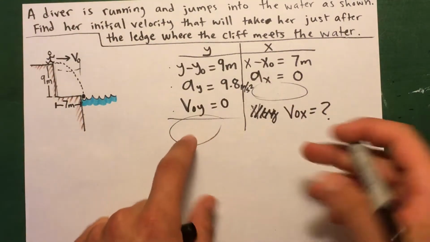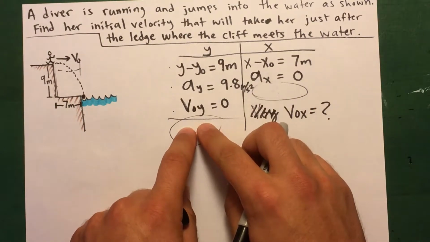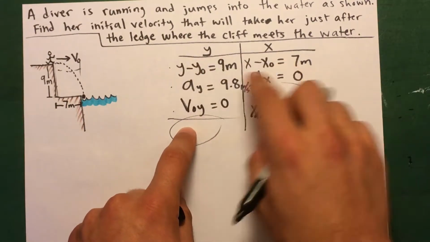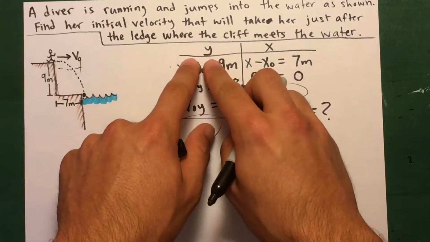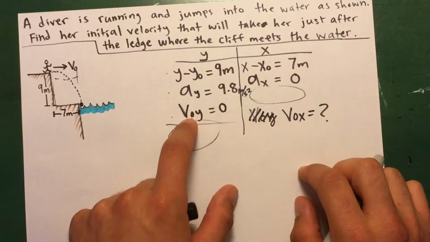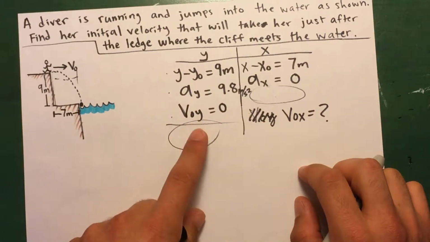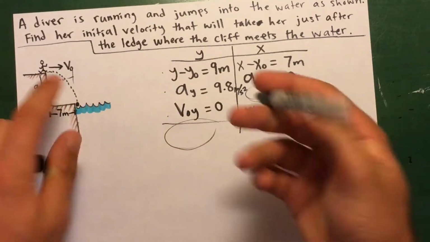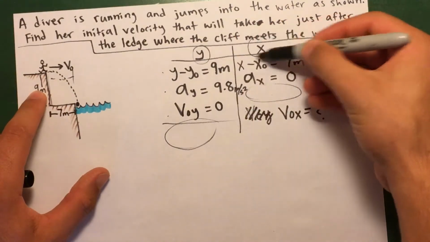Displacement is different for y and for x, and the same goes for acceleration and initial velocity, but one thing we can use for both is time. Time for y is the same as time for x.